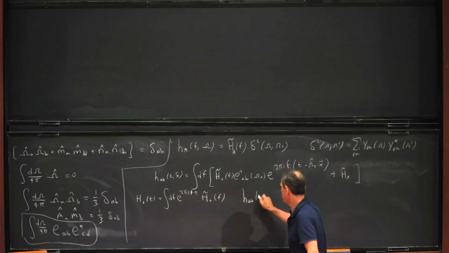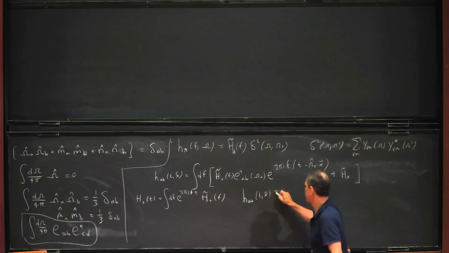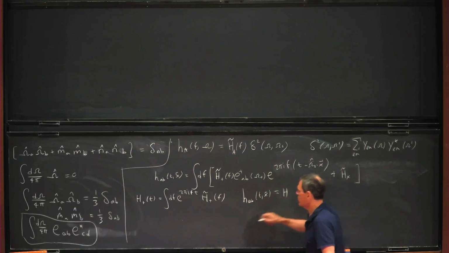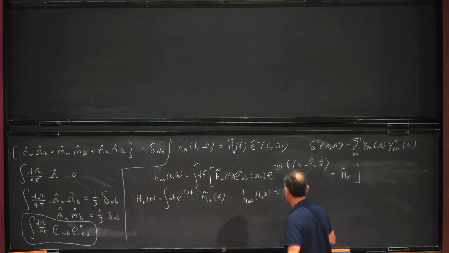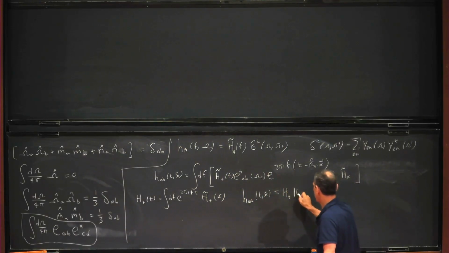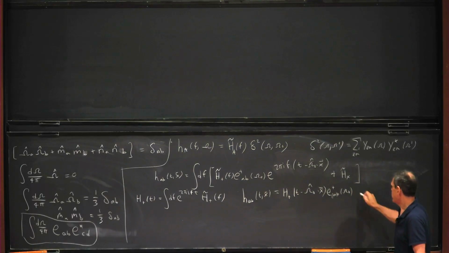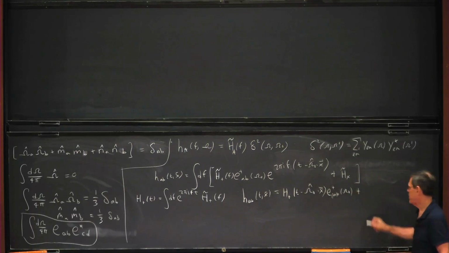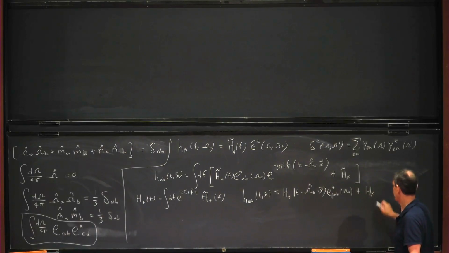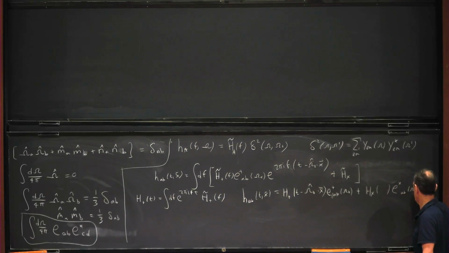They just become H_AB of t and x are whatever this function h plus is, a function of a single variable, but the argument is t minus omega 0 hat dot x. Then there's the polarization tensor e plus, AB of omega 0, and then the corresponding term, plus h cross e cross.